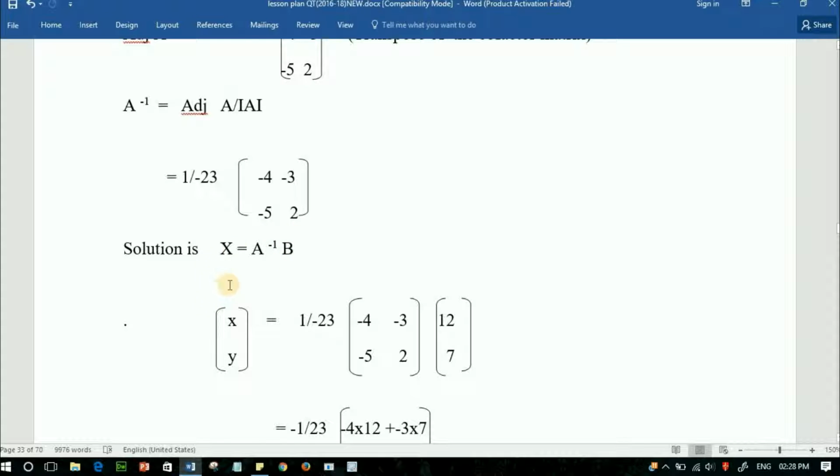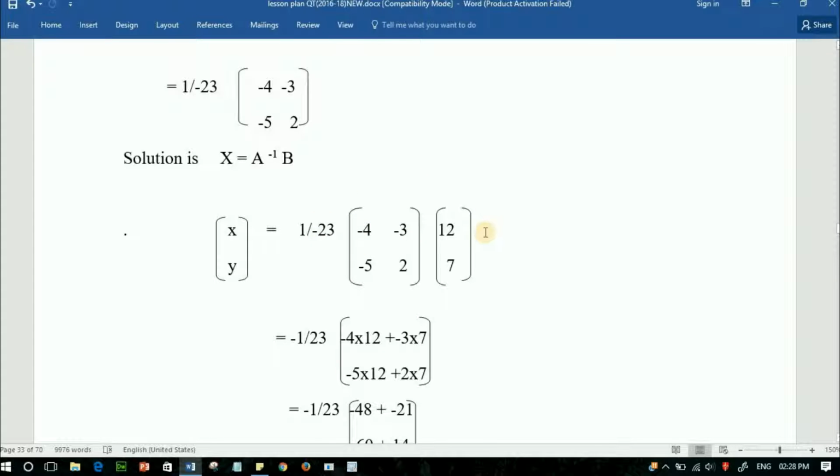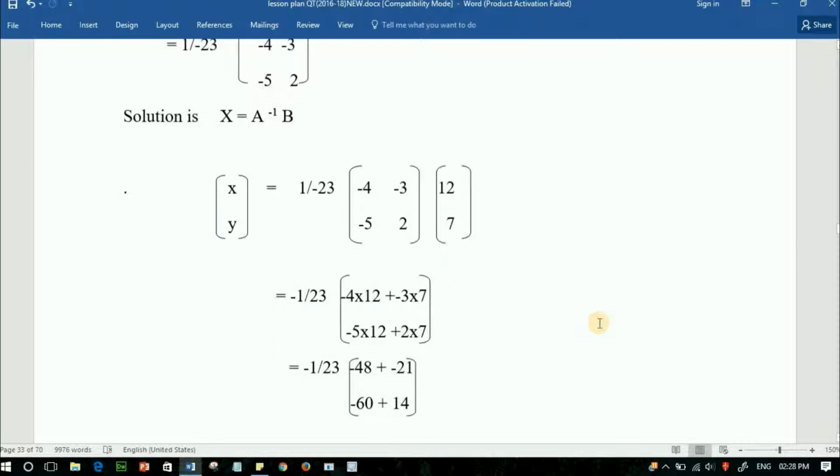B is the constants. Therefore, X means x, y and A inverse is 1 by -23 into [-4, -3; -5, 2] into B. Multiplying the first row into the column, 1 by -23 means -1 by 23 into (-4 into 12 plus -3 into 7) for the first element, and (-5 into 12 plus 2 into 7) for the second.